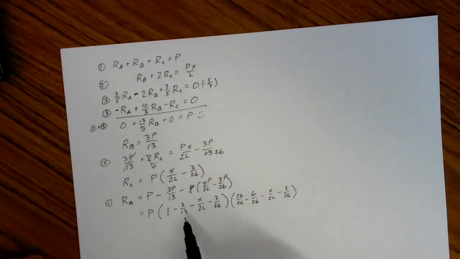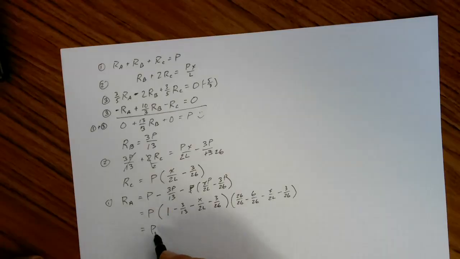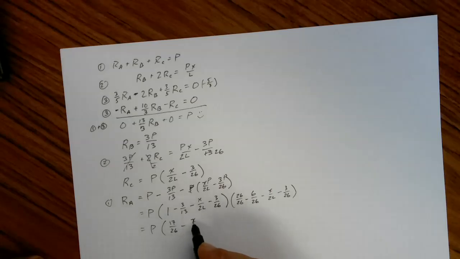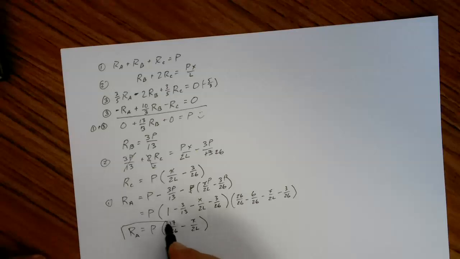Do that math quickly. 26 minus 6, 17 over 26. And it's positive. So RA equals P times 17 over 26 minus X over 2L.